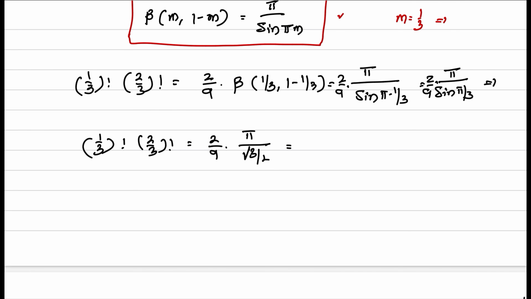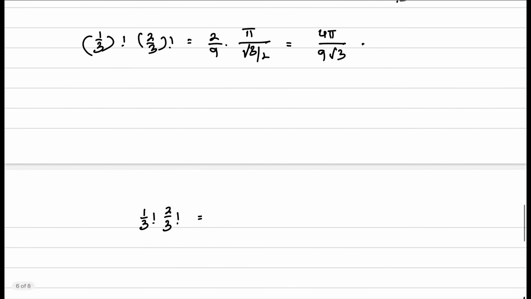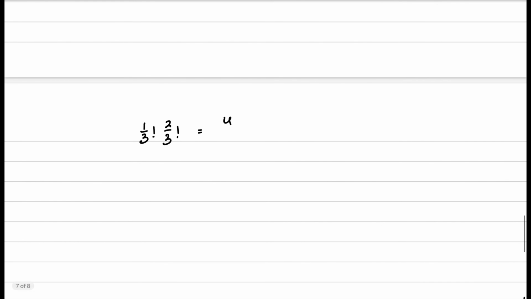This is nothing but 4 pi by 9 root 3. That means our answer is 1 by 3 factorial into 2 by 3 factorial is equal to 4 pi by 9 root 3.